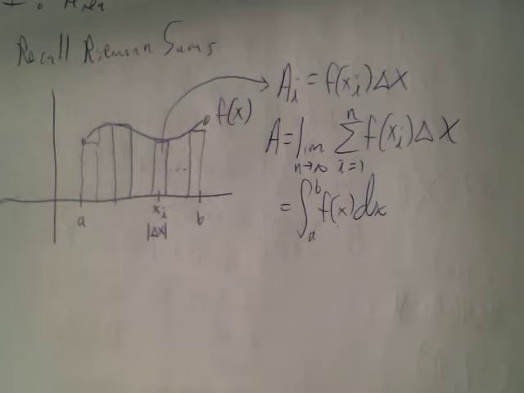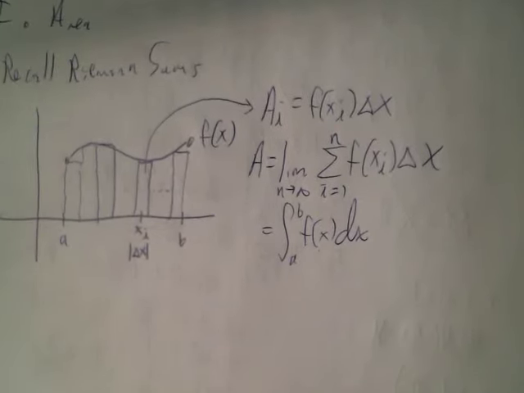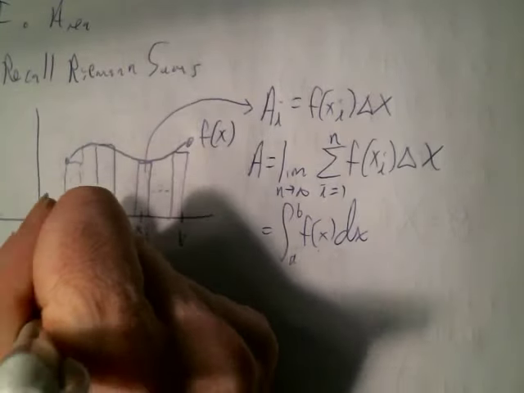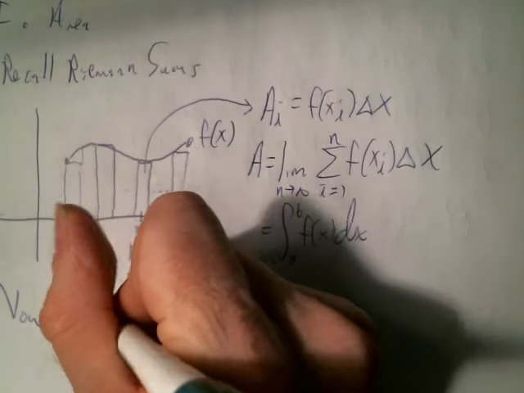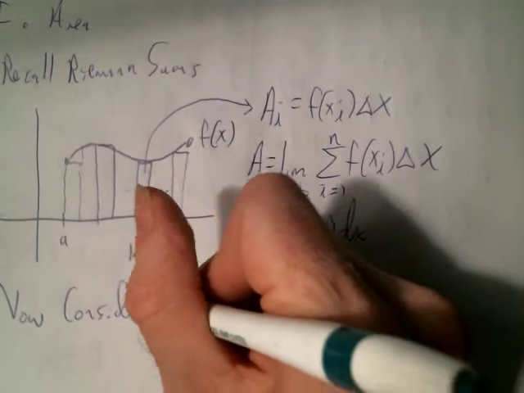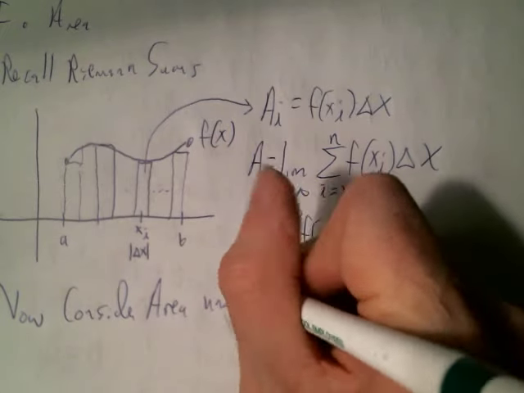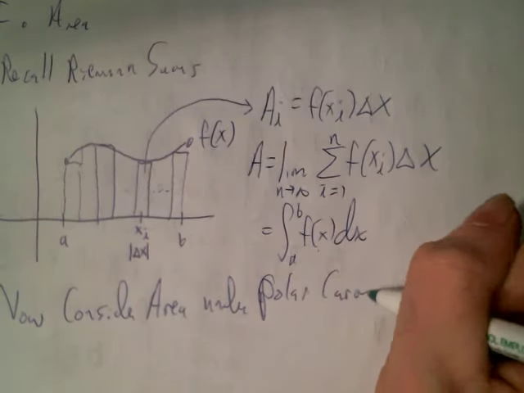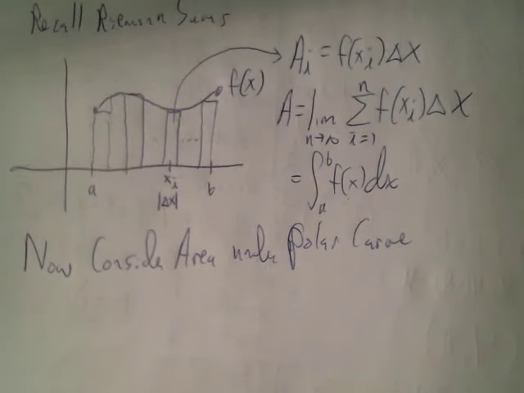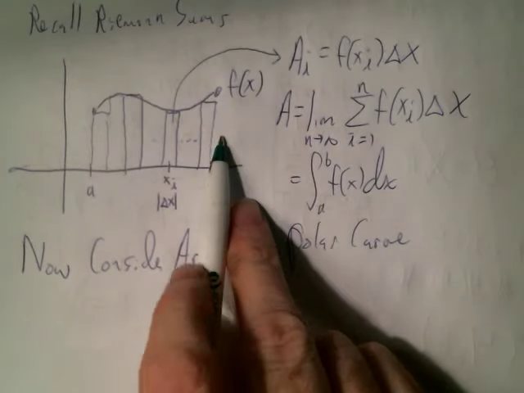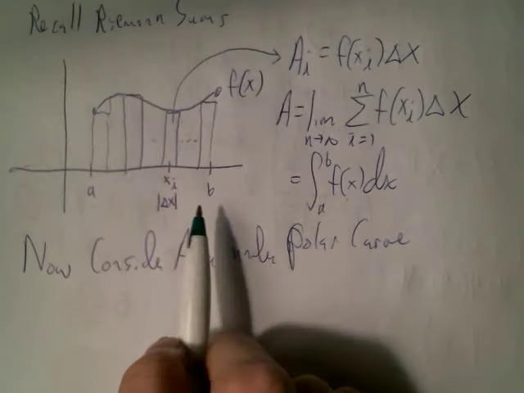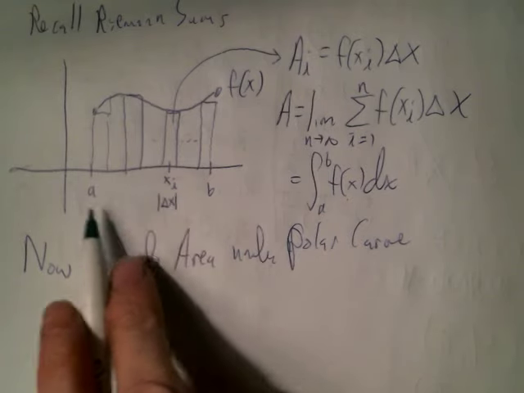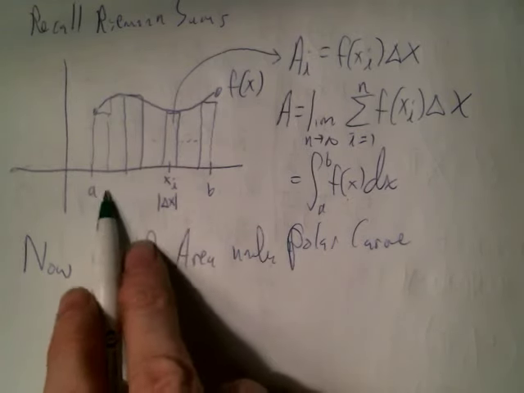Now we have almost the same kind of construction. Now consider area underneath the polar curve. Okay. So instead of having f of x, we should have something like r of theta. And instead of having a to b, we have like theta to theta.